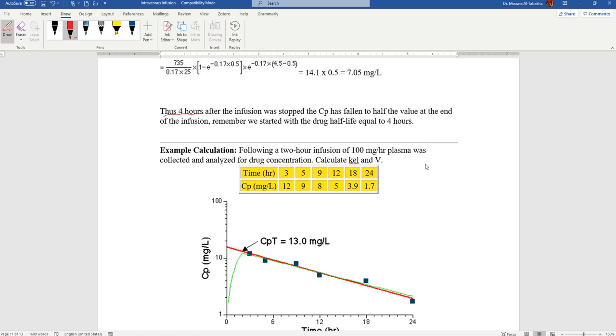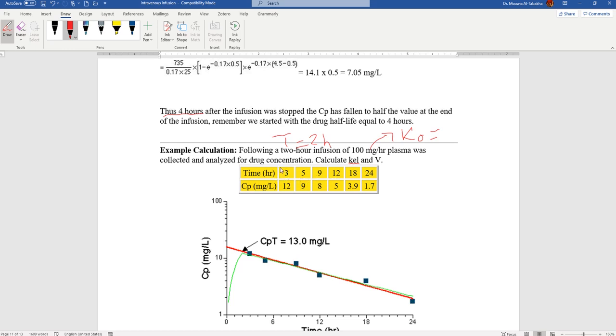It actually gave us two things: following a 2-hour infusion means T capital is 2 hours, and K0 is 100 milligram per hour. And this is the data that you got.